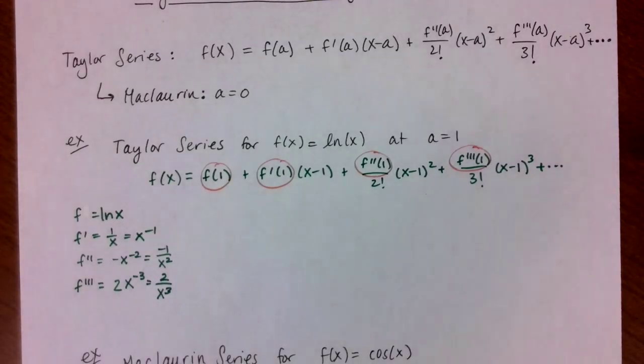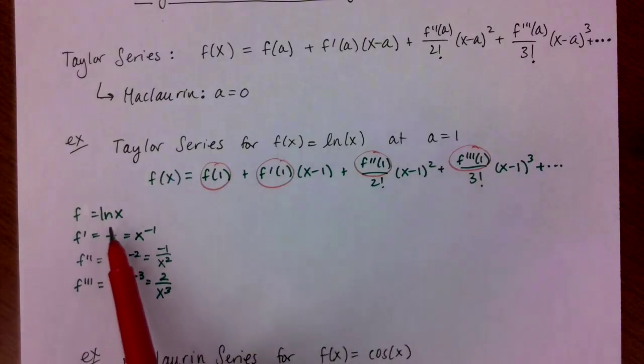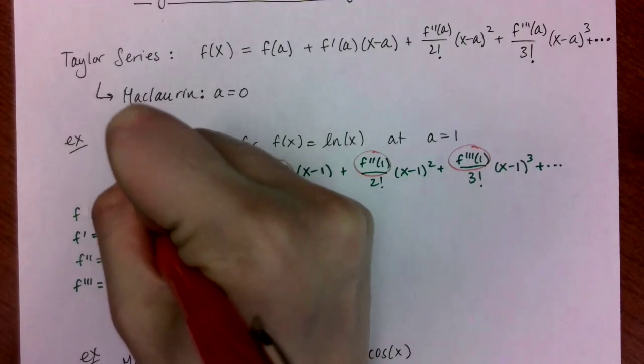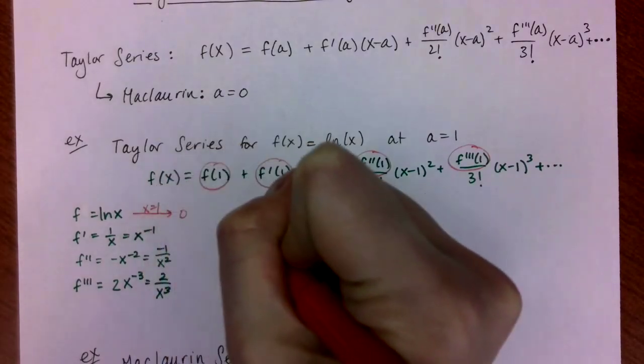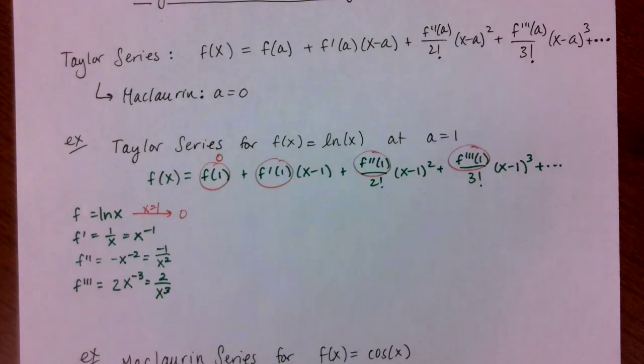Okay, so for each of these, now we worry about what the center of this Taylor series is. So this is 1. So I don't need f of x, I need f of 1. So I'm going to plug 1 into this first function, and I get ln of 1 is 0. So that means this number right here is 0.